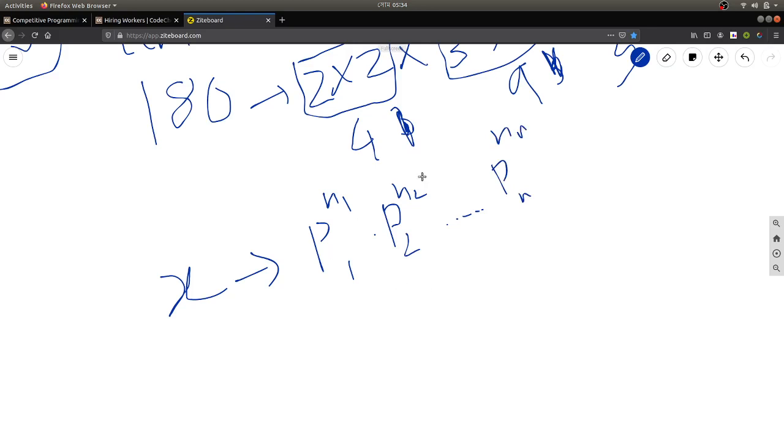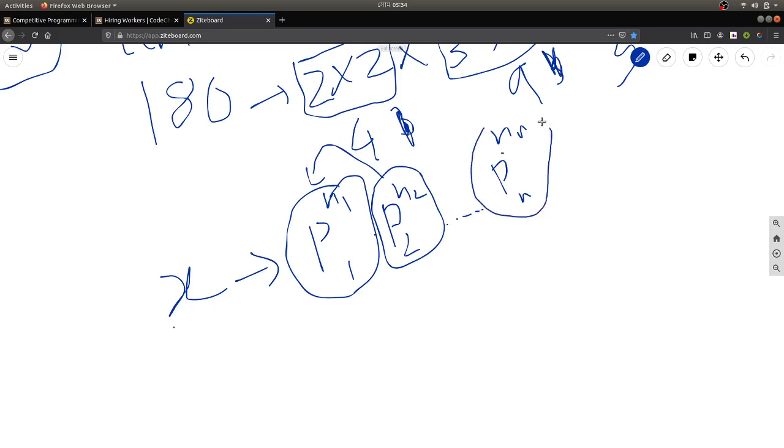Now if I took any p1 from this block and moved it to some other block, then these two blocks will have a common prime in them. So the ultimate LCM will not be x. So we have to take the primes separately so that the GCD is 1 and the ultimate LCM becomes the number x given in the question.